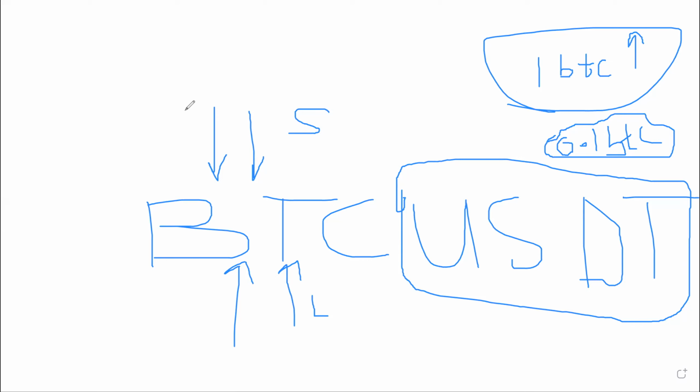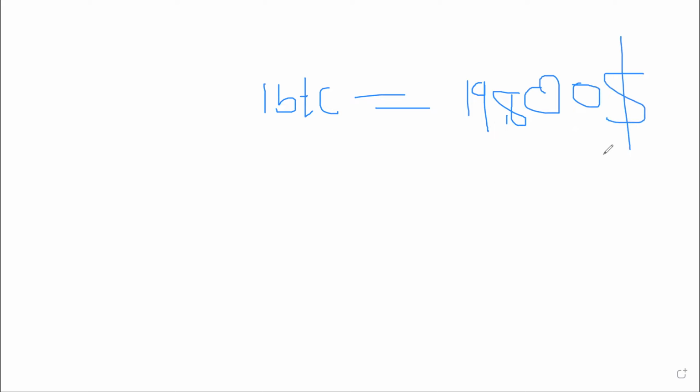Okay, now for margin. This is what margin is. Let's assume that one BTC is equal to 19,800 dollars. You understand?